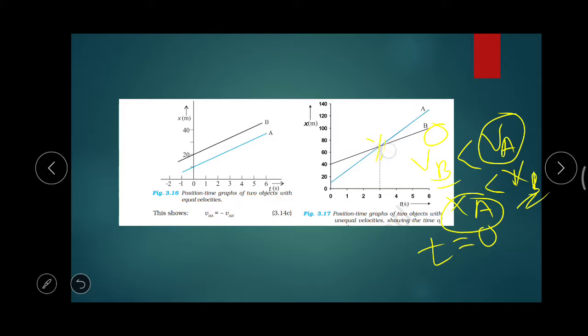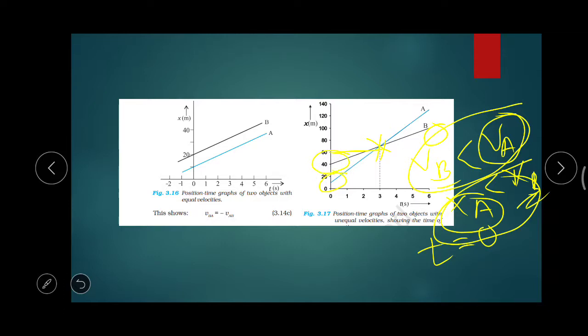At a particular time the position of both the bodies will be the same, when VB is less than VA and XA is less than XB, where XA and XB mean positions at time 0. You can see that here VA is greater than VB from the slope itself, but XA is near about 10, and XB is near about 40.